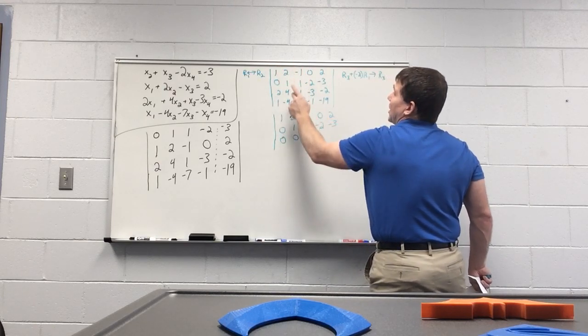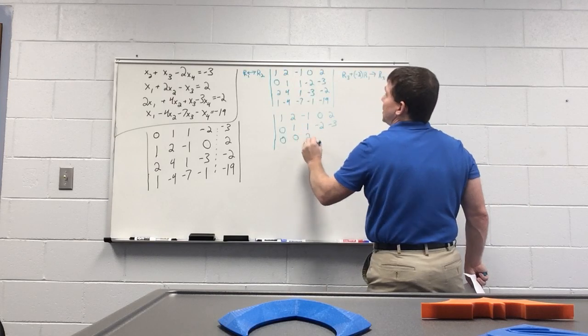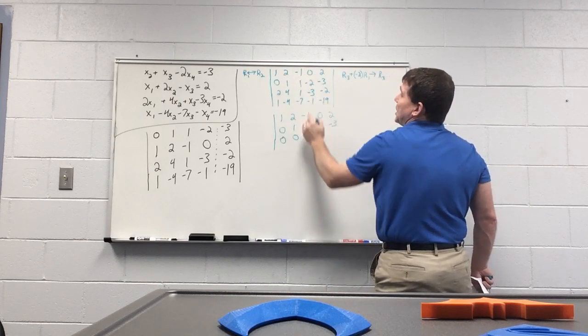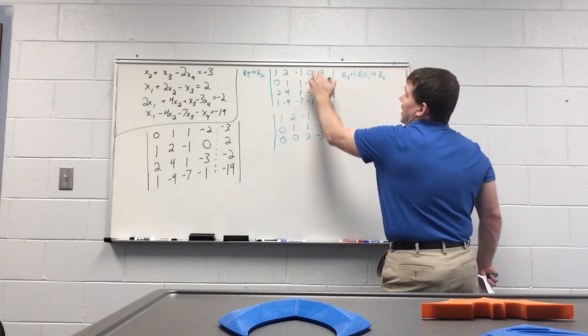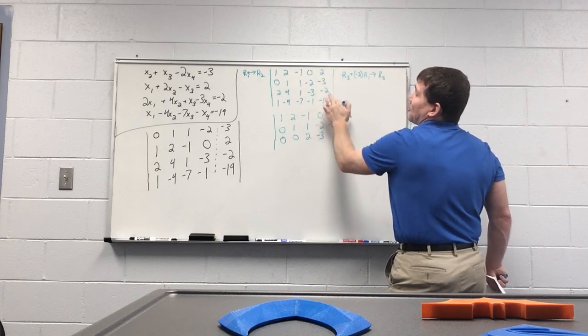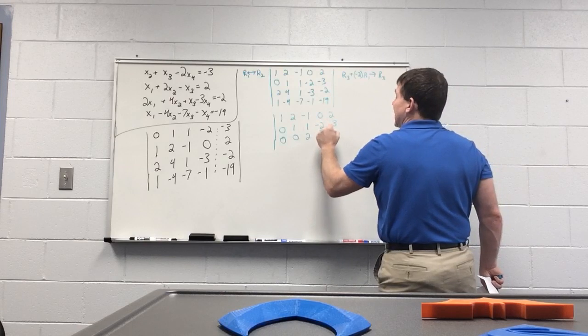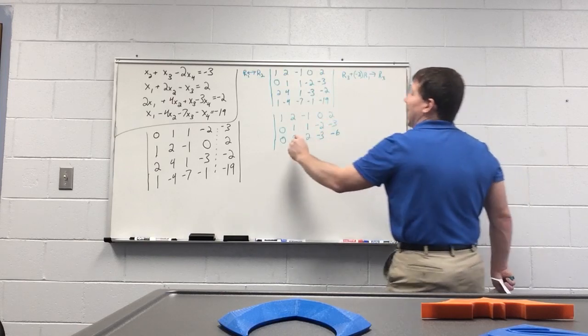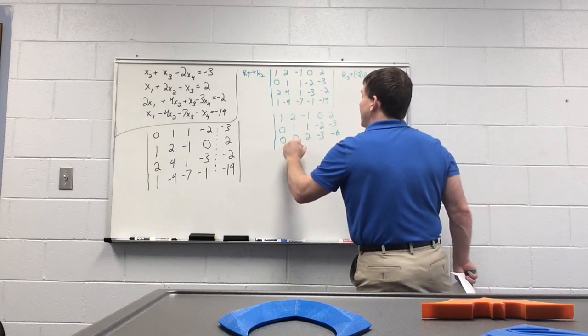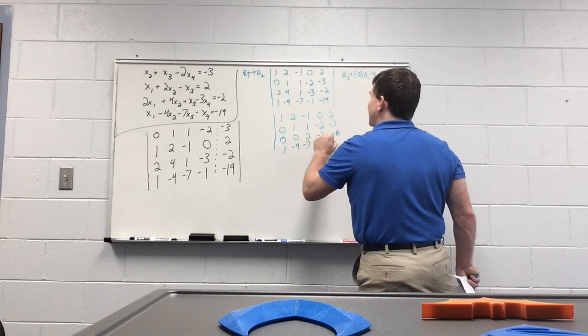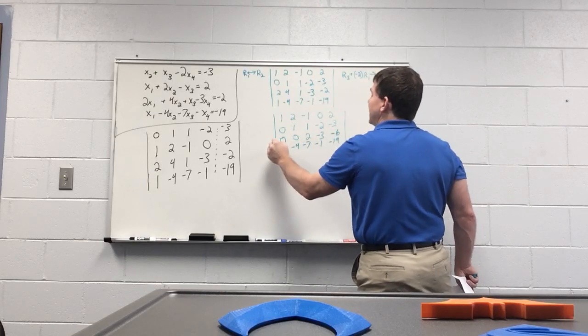Negative 2 times negative 1 is 2 plus 1, 2. Negative 2 times 2 is negative 4 minus 3 is negative 7... Negative 2 times 2 is negative 4 plus negative 2 is negative 6. And then the bottom stays the same. 1, negative 4, negative 7, negative 1, negative 19.